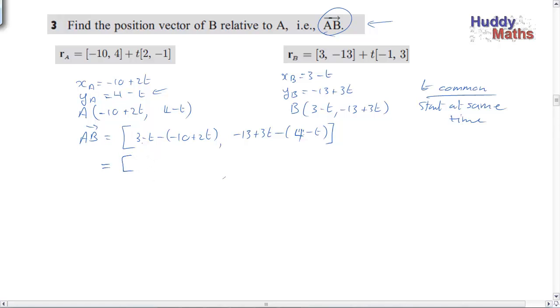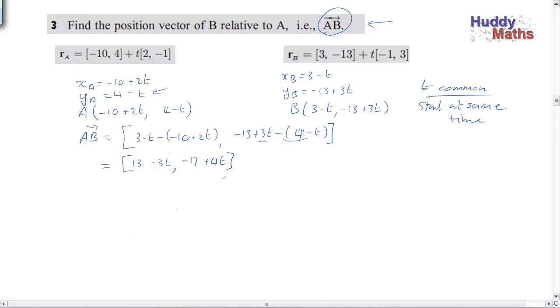Okay, so let's simplify this. So 3 take neg 10 is 3 plus 10 is 13. And neg t take 2t, neg 3t. Then in the second part there, we've got neg 13 take 4, neg 17, 3t take neg is plus, so that's 4t.